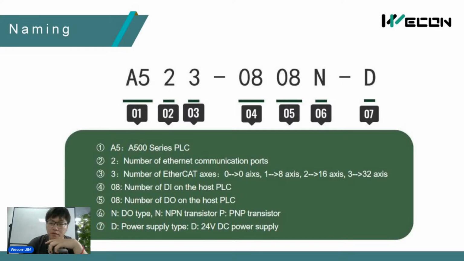Besides, there is the output type of the PLC. N means NPN output and P means PNP output. The last parameter is the power supply of the PLC. For now, we only have 24V DC power supply, so for now it's all D-type.